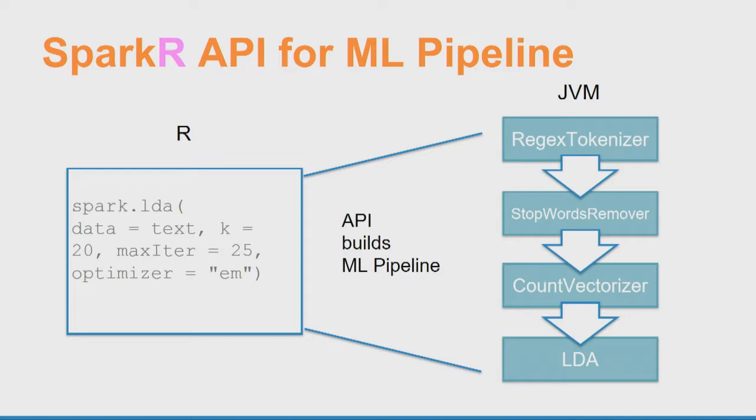What it does under the cover is build this ML pipeline for you automatically. What you see on the R side translates to what you see on the right-hand side, on the JVM side, where an ML pipeline gets built automatically for you, which takes your text data, tokenizes it automatically, applies stop word removal, and then vectorizes the count and so on before passing it to LDA.